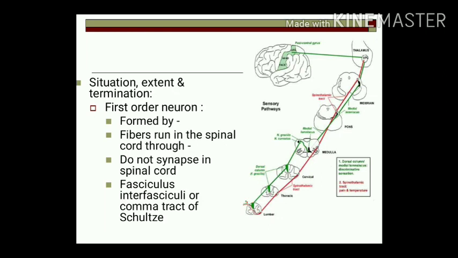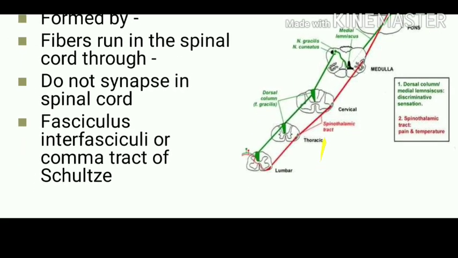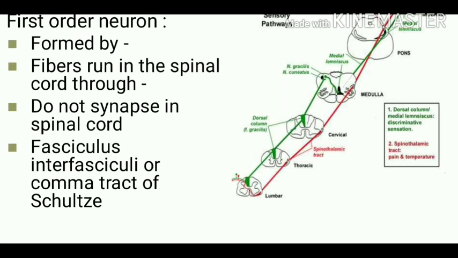Now, the course of this tract, that is, situation, extent and termination. As we have discussed, this tract's fibers consist of first order neurons, that is, the dorsal root ganglion, and these fibers are large myelinated fibers.